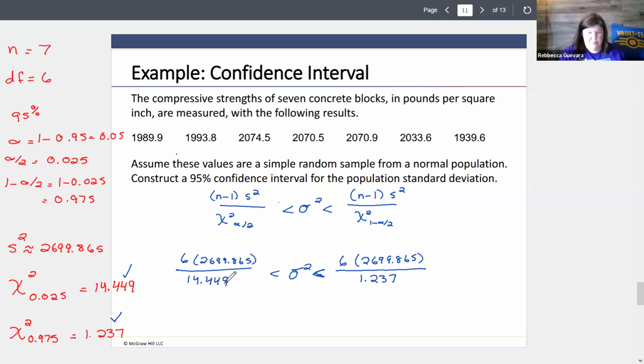So from here, like I said, this is for variance.